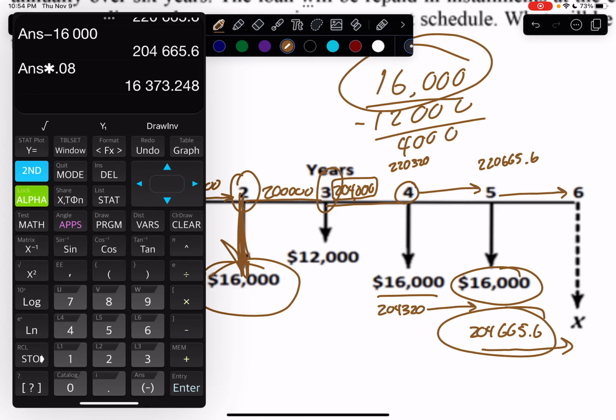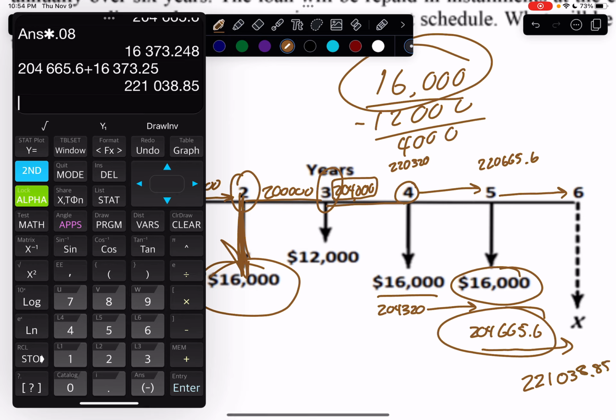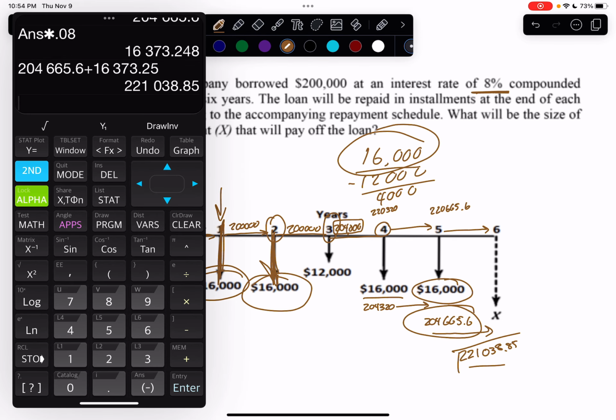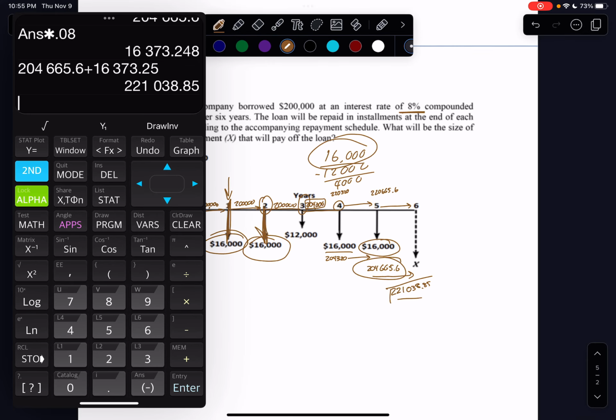So that would be 204,665.6 plus the interest of $16,373.25. So the final installment at the very end is $221,038.85 to pay off the loan at the end of year 6.